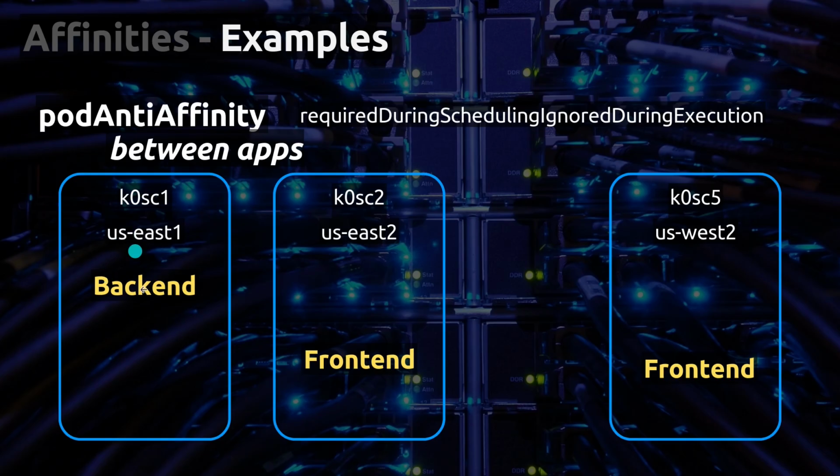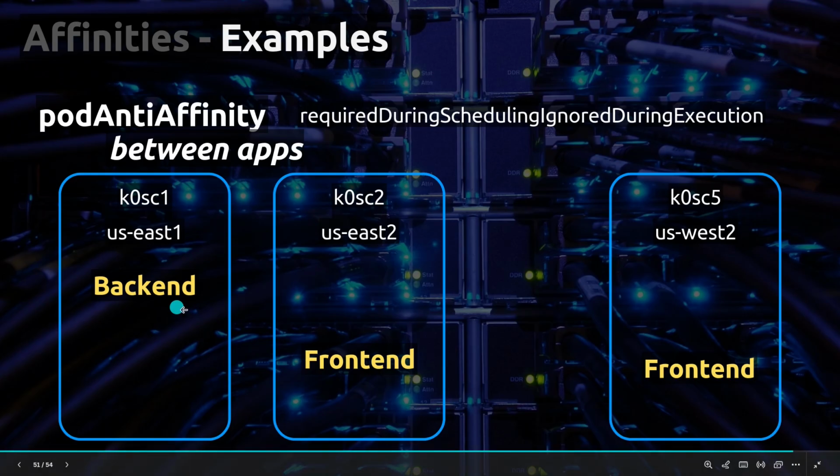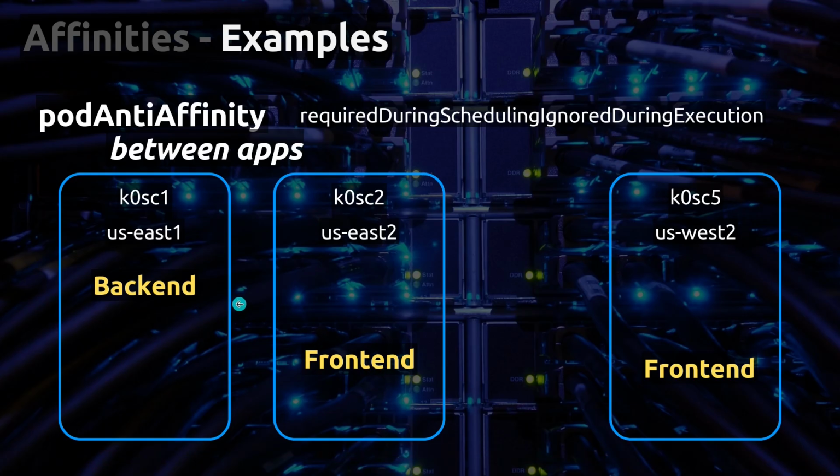For example, I want that my application front end won't be deployed on the backend. So for that, I will use pod anti-affinity, and I say, okay, I don't want it. It's not true logic, though. It's better to use it, for example, with a database.